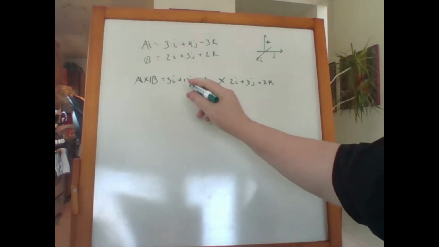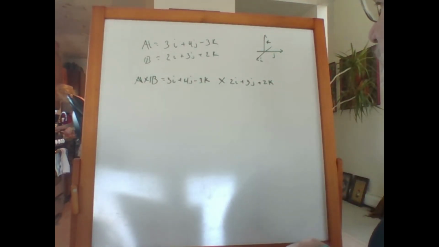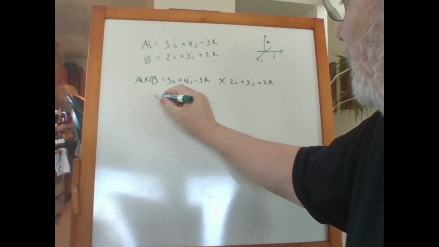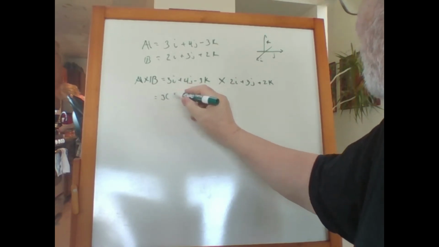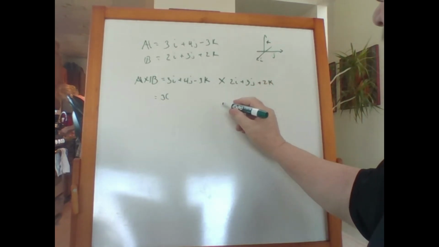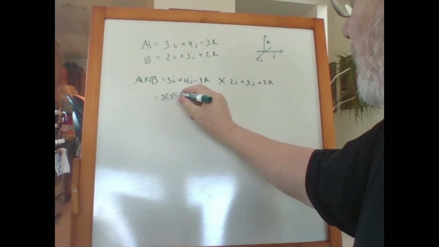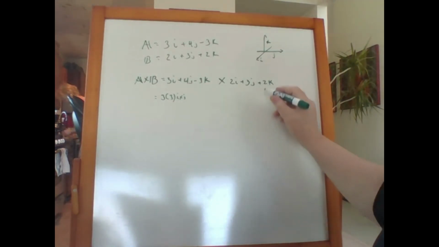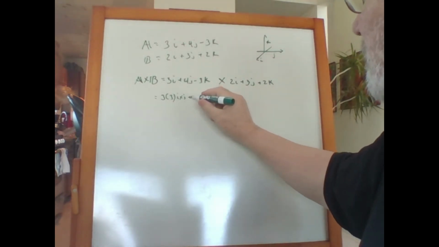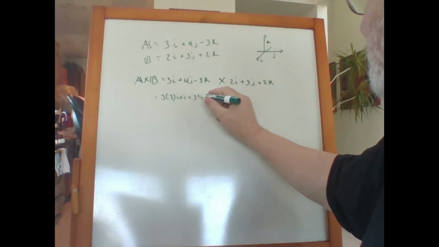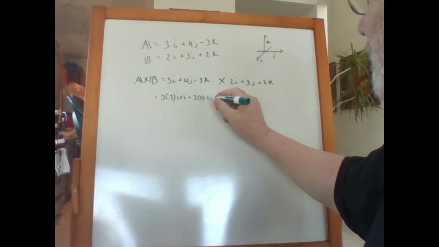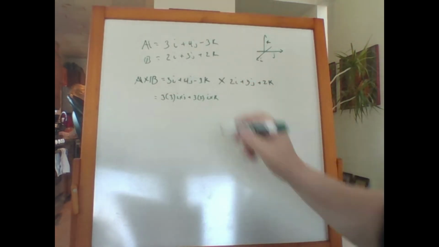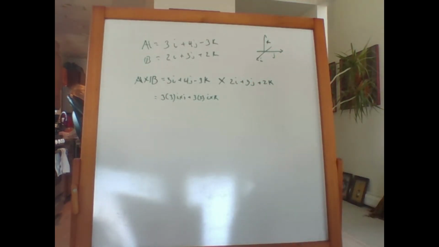And remember, i cross i is 0, so we have 3 times 3 i cross j, and 3 times 2 i cross k. Okay, that's one component.